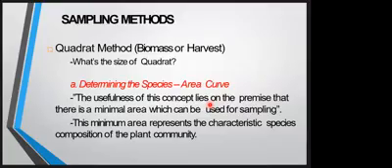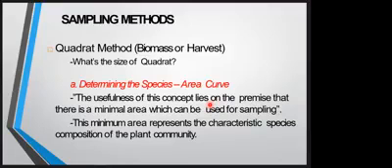So what's the size of quadrat? For the quadrat method, there is what we call determining the species area curve. So I will be giving you a video. I will upload it in UStep, so that you'll know how to determine or understand what species area curve is.